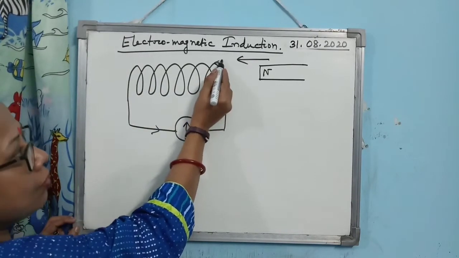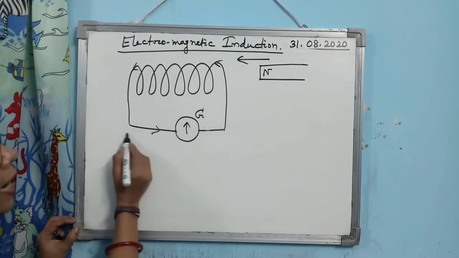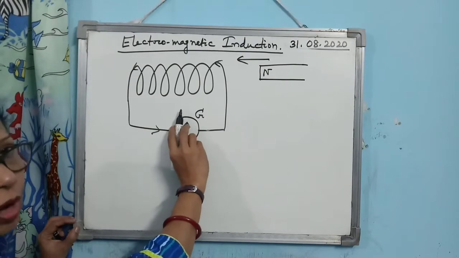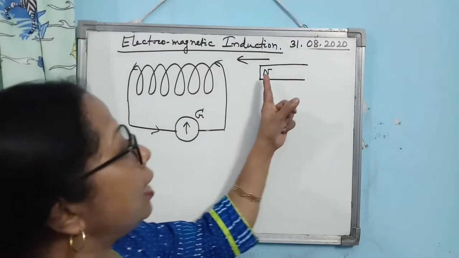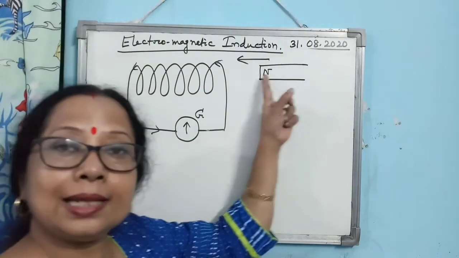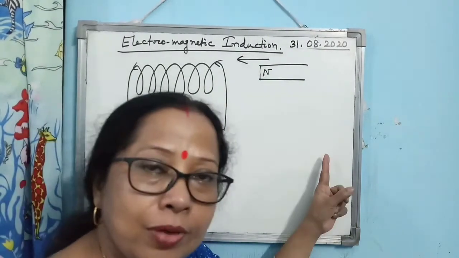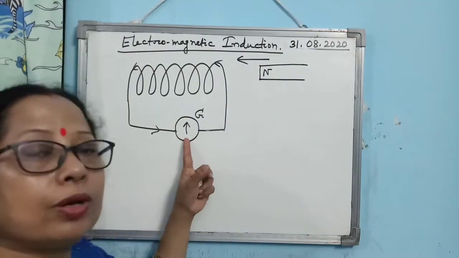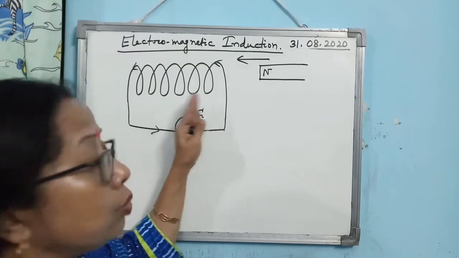If the current flows in this direction, it means the current will come out and the galvanometer will deflect from left to right. Another thing, only when the north pole is in motion will the galvanometer deflect. When the north pole stops moving, then what will happen? The galvanometer will not deflect.